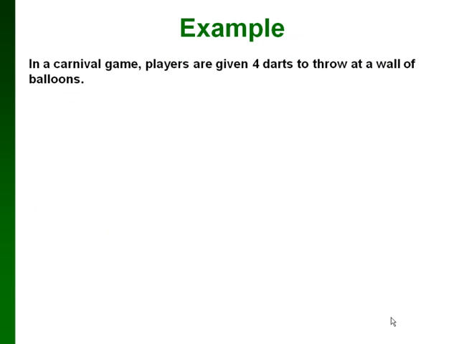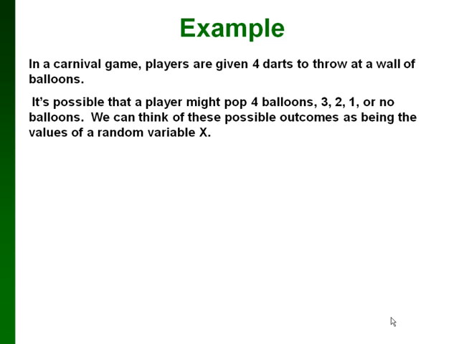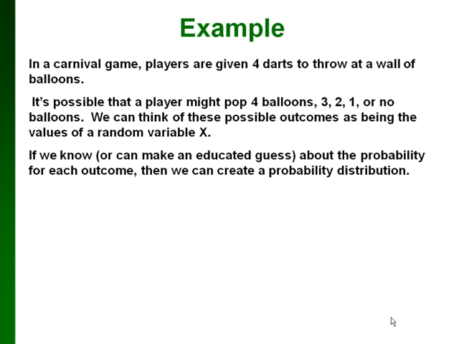So here's an example. In a carnival game, players are given 4 darts to throw at a wall of balloons. The possible outcomes for this game are that a player might pop 4 balloons, 3, 2, 1, or no balloons. So we can think of each one of these outcomes as being a possible value of a random variable x. And if we know, or if we can make an educated guess about the probability for each outcome, then we can create a probability distribution.